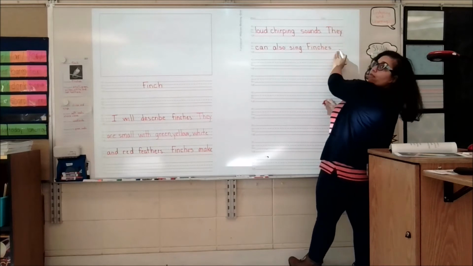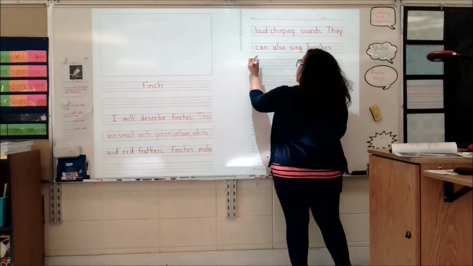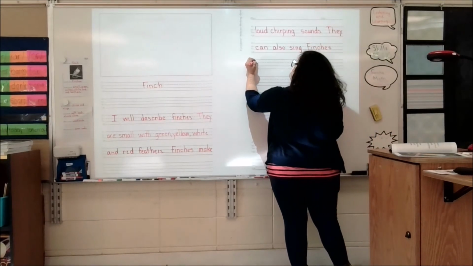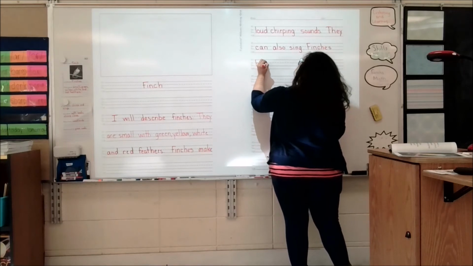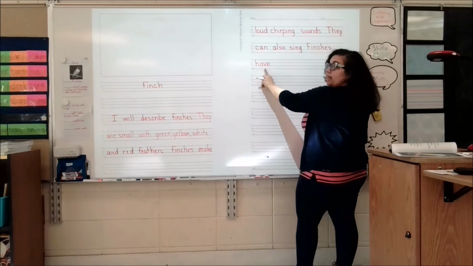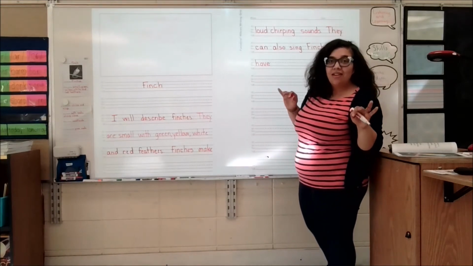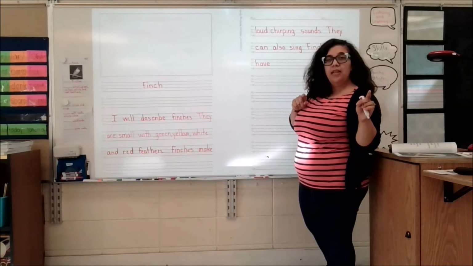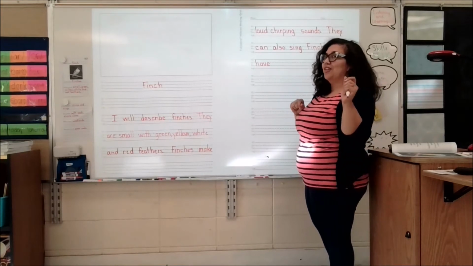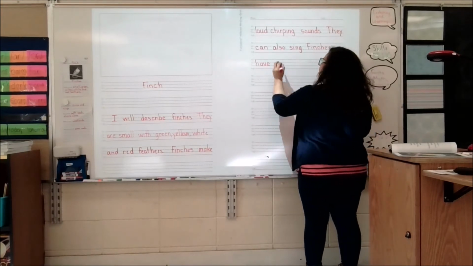Finches, I don't think "have" will fit, so I'm going to go ahead and return sweep to write the word "have," which is also in our dictionary. This one's actually highlighted because it's still a tricky word, but don't worry. I'm going to reveal a secret that's in the next unit, I believe, that'll take "have" off our tricky word list. Yes.